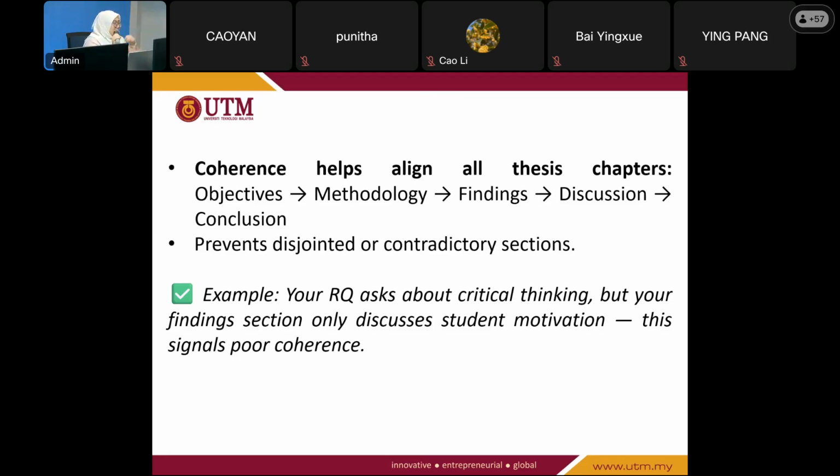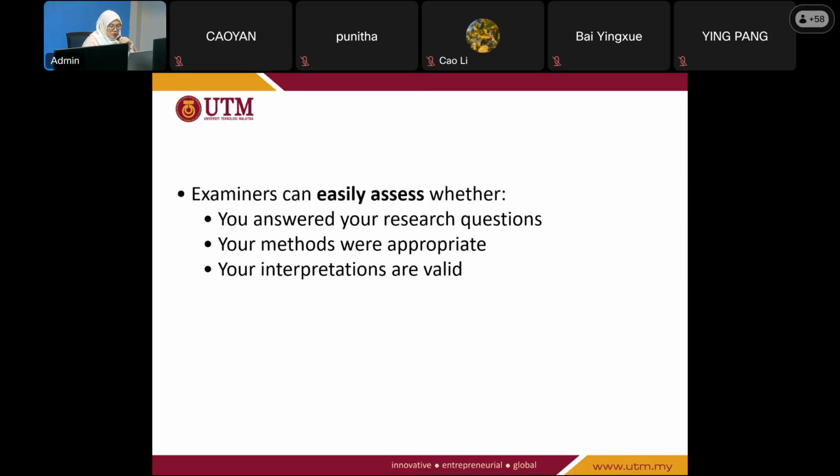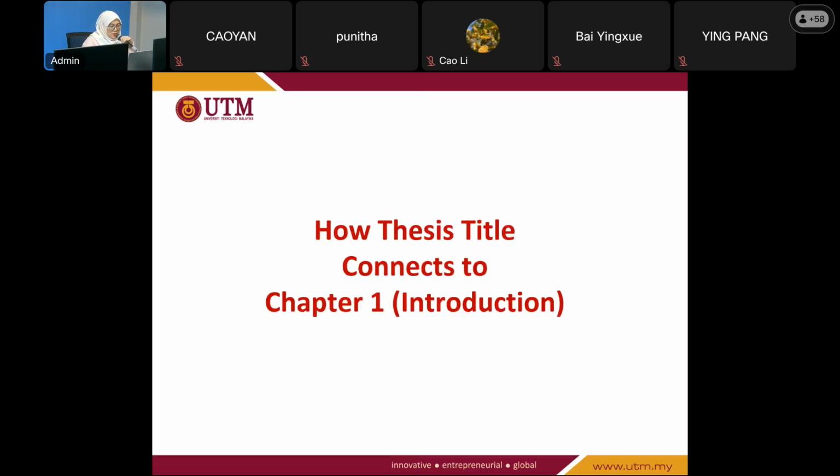Suddenly it appears in the objective, where you want to study teacher acceptance. So that is one example of not having coherence between sections. Examiners can then easily assess whether your answer to your research question is coherent, whether your method was appropriate, and whether the interpretation is valid.